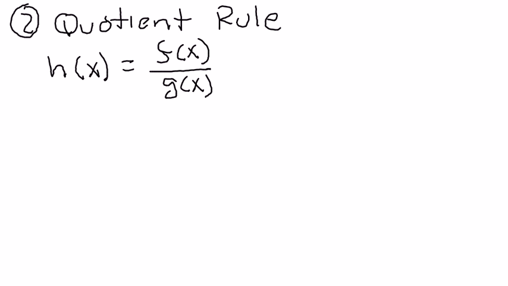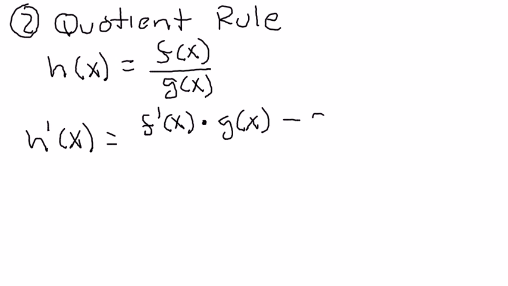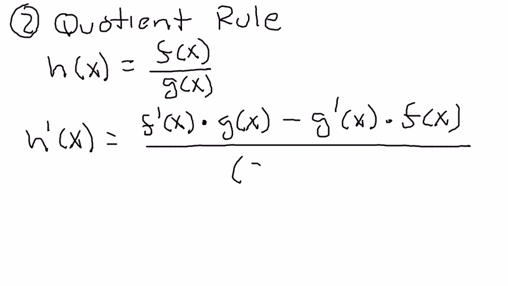Oftentimes you can't simplify these rational functions, so h prime of x is equal to f prime of x times g of x minus g prime of x times f of x, over g of x squared. So what happens in this is that we take the derivative of the numerator times the denominator minus the derivative of the denominator times the numerator, over the denominator squared. Let's take a look at an example of that.